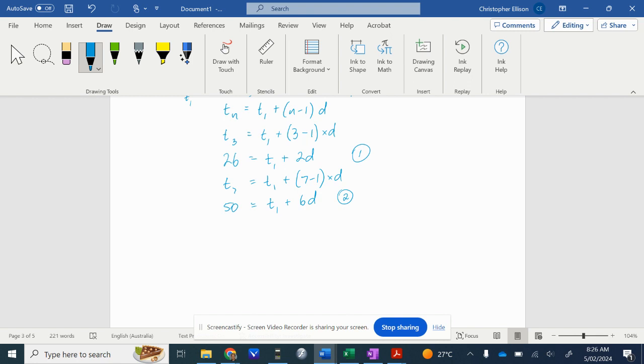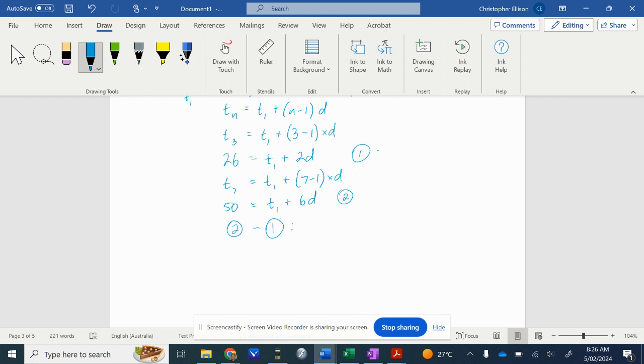You should have, yeah. Okay, so there are two methods for solving simultaneous equations, and we're going to use what's called the elimination method. To do that, we're going to go whatever is in equation 2, 50 equals T1 plus 6d, minus whatever's in equation 1, 26 equals T1 plus 2d.